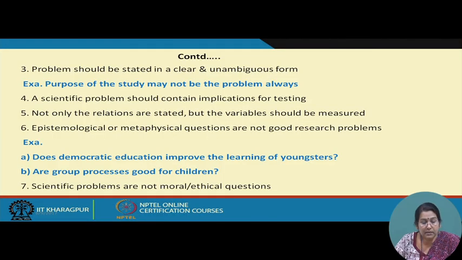For example, the purpose of the study may not always be the problem. Maybe our intention is to bring some reform. For example, in some situations our purpose is to bring certain reform in the classroom, etc. But that purpose cannot always be a research problem.